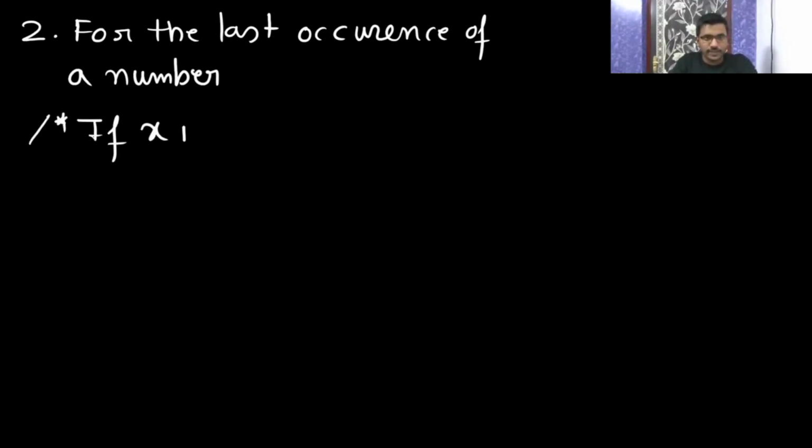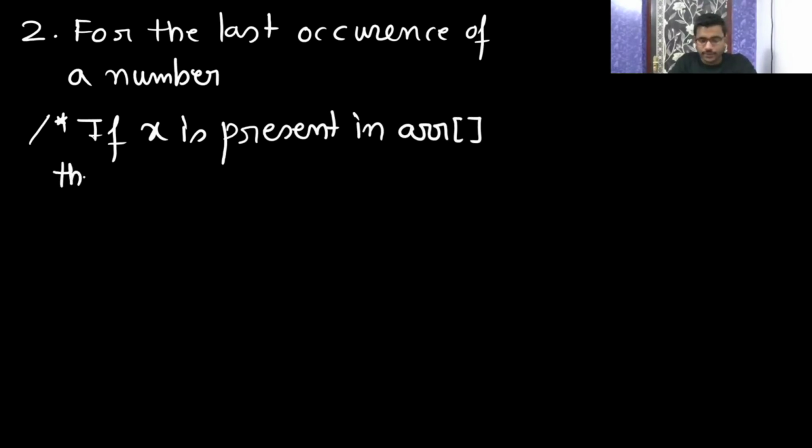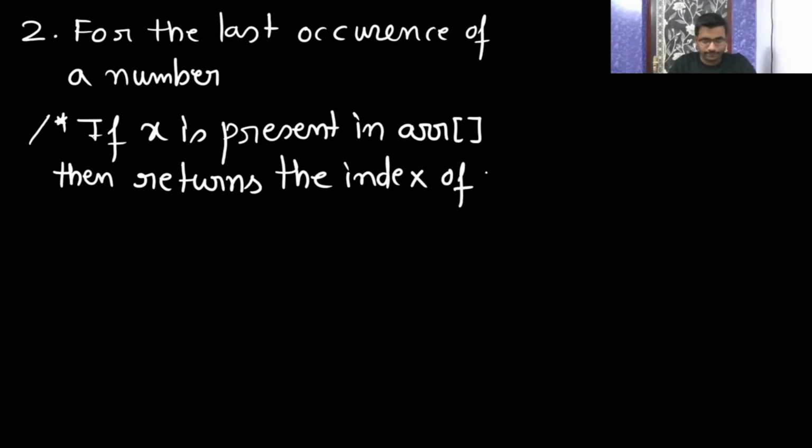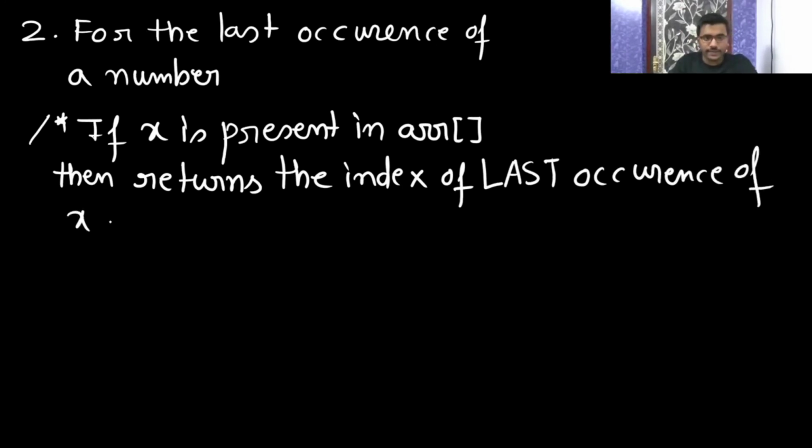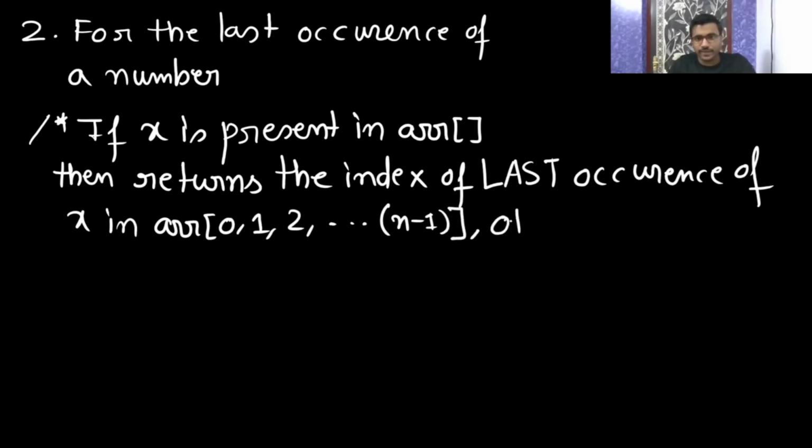So if x is present in the array, then return the index of the last occurrence of x in the array 0 1 2 till n-1, otherwise return -1.